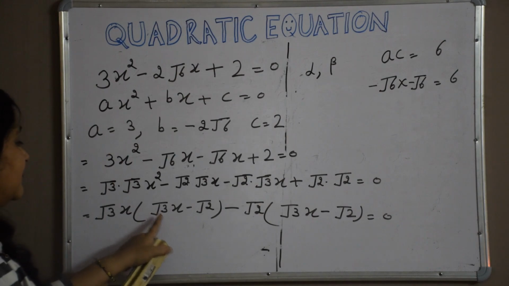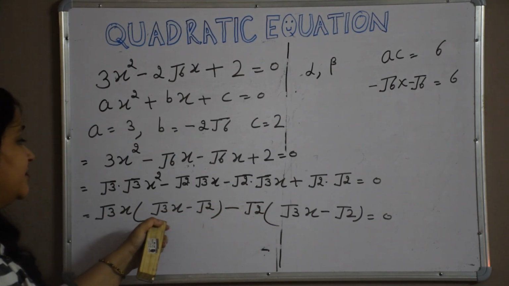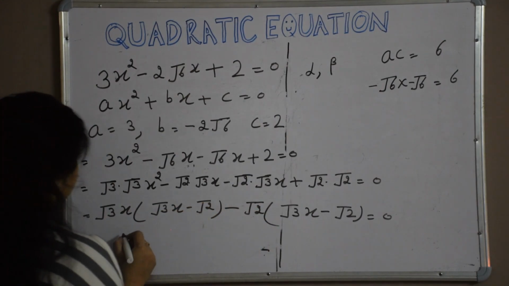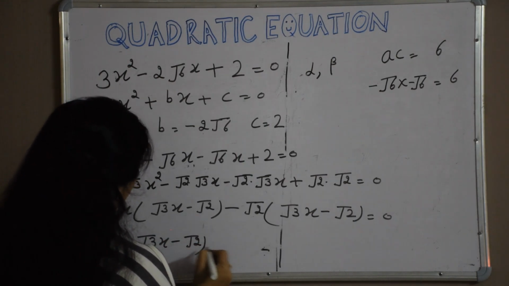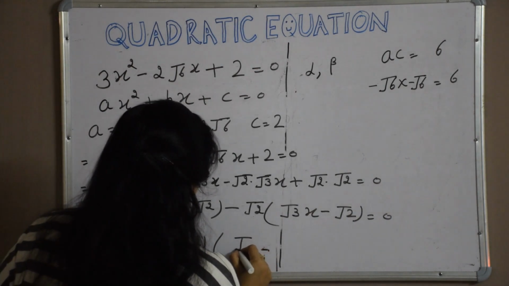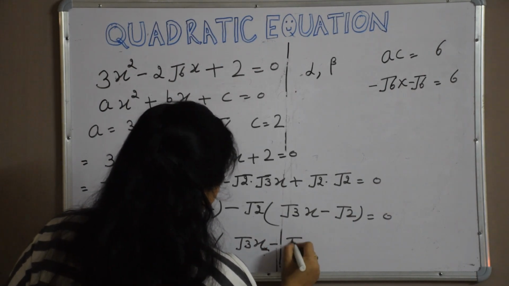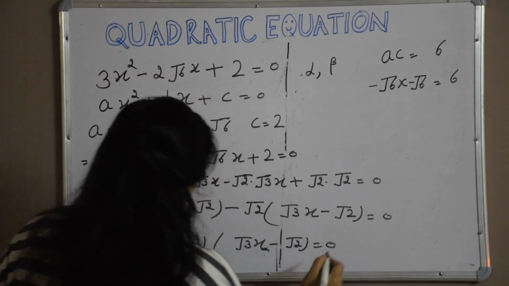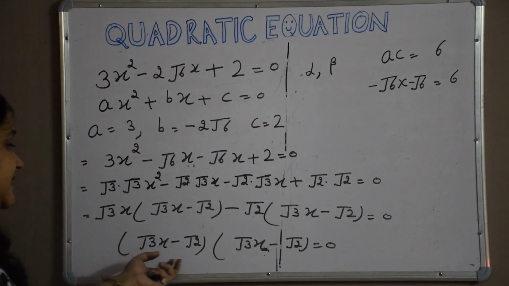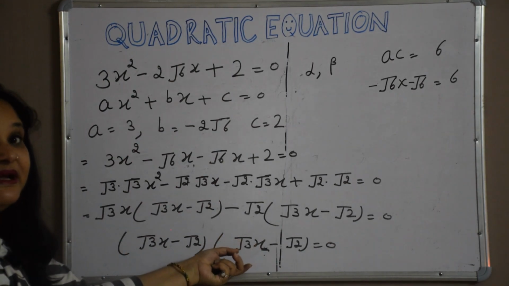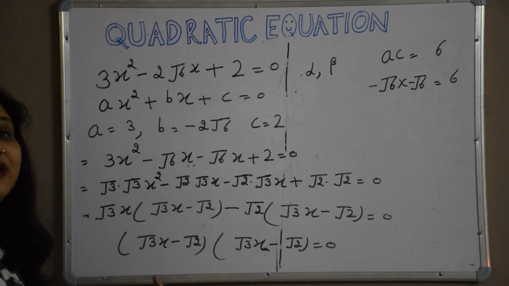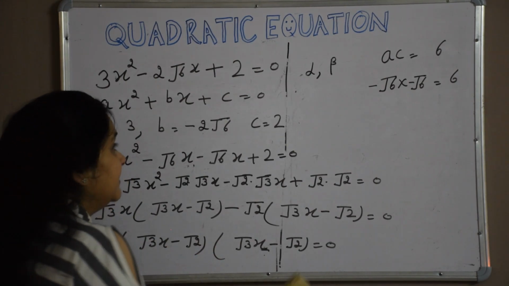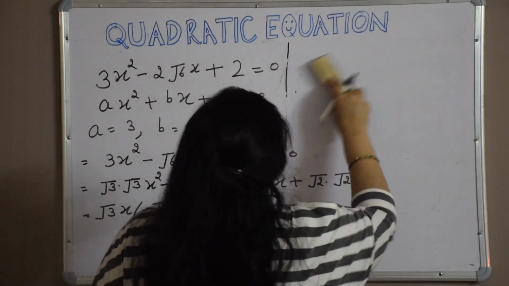So now from the whole we can see root 3x minus root 2 is common. Root 3x minus root 2 times root 3x minus root 2 equals 0, and here we can see both the factors are the same.